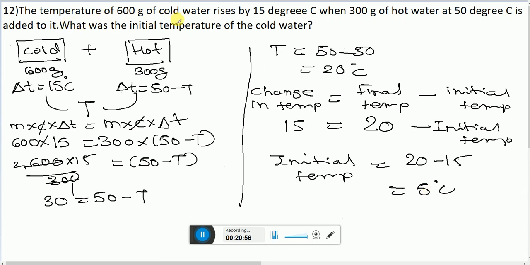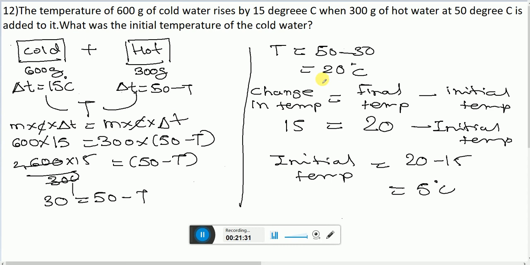Temperature of 600 of cold water rises by 15 degree centigrade. So we have written for cold water mass as 600 grams, and rise in temperature, that is change, is 15 degree. However, for hot water, information given is mass is 300 grams and it is at 50 degrees centigrade. So, rise in temperature for hot water would be this 50 minus final temperature, that is T degree centigrade.